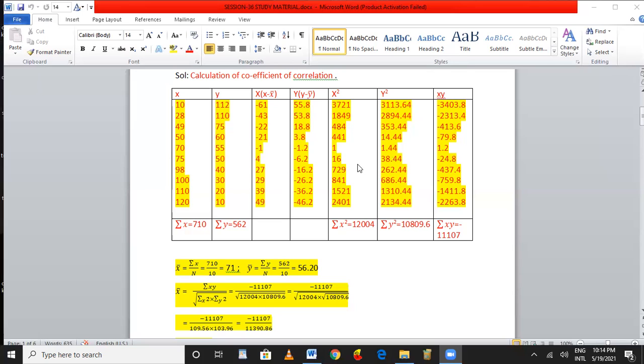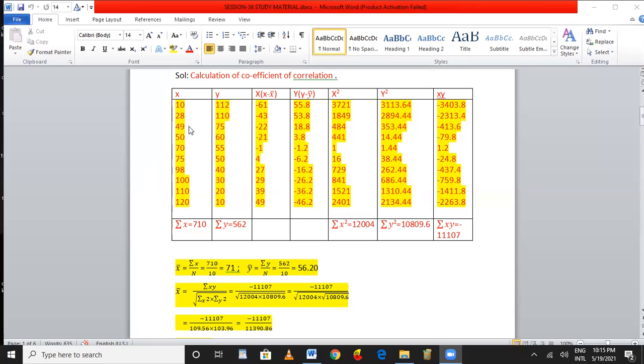Minus 6.2 into minus 6.2, 38.44. Minus 16.2 into minus 16.2, 262.44. Minus 26.2 into minus 26.2, 686.44. Minus 36.2 into minus 36.2, 1310.44. Minus 46.2 into minus 46.2, 2134.44.